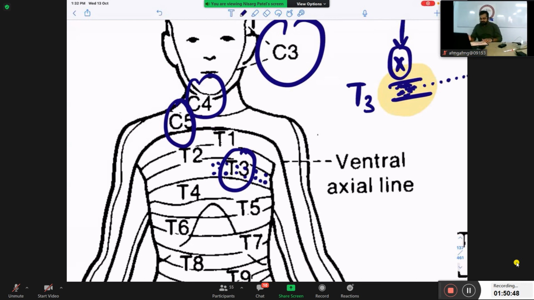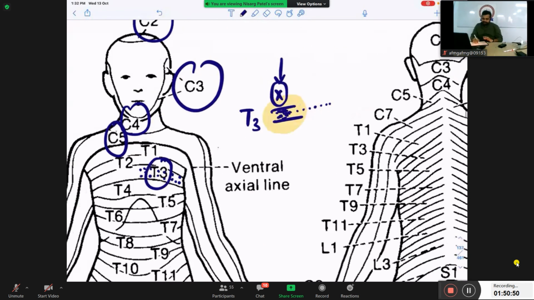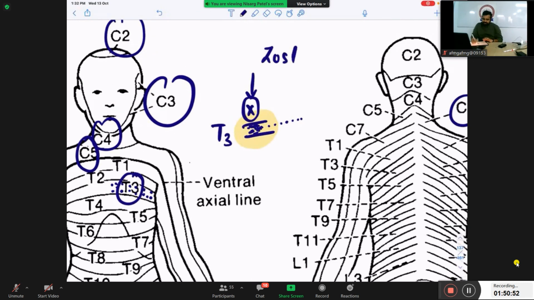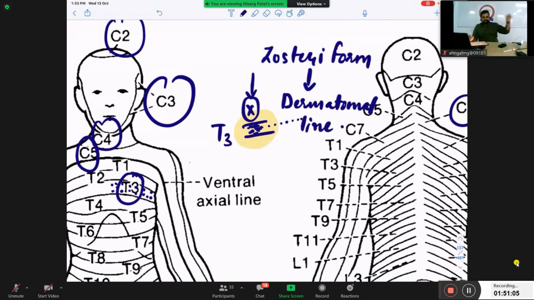Got my point? So that is why this region is known as zoster. The meaning of zoster is this region is on the dermatomal line. And because of this, the disease is known as herpes zoster.